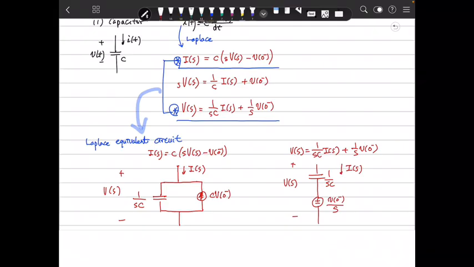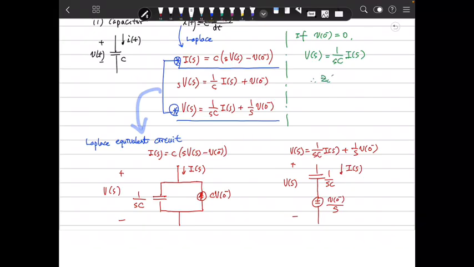So if the initial value is 0, the model is very simple. In that case, the capacitor voltage Vs can be represented as 1 over SC times Is.